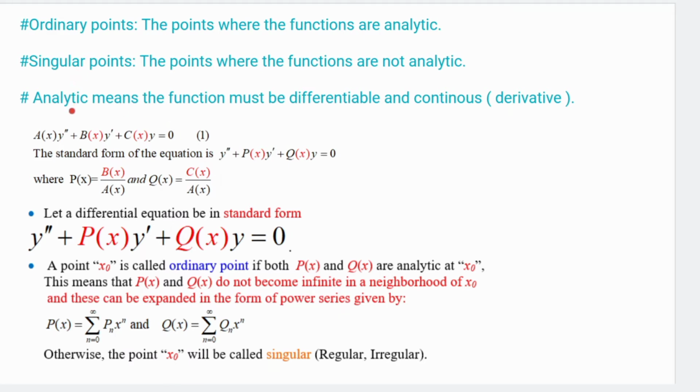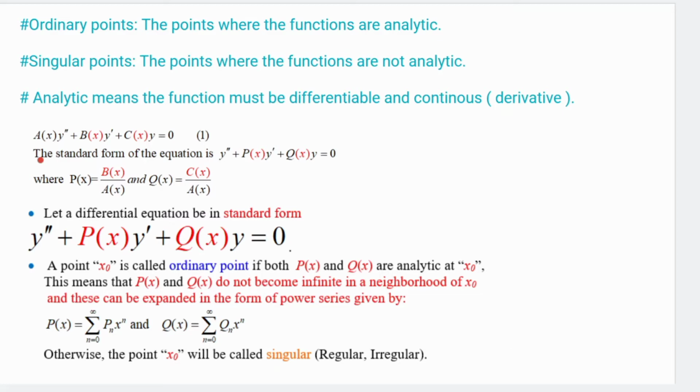Normally we solve linear ordinary differential equations by applying power series about the origin or about singular points. So you should know what ordinary points are and what singular points are. The points where the functions are analytic we call ordinary points, and where the function is not analytic are called singular points.